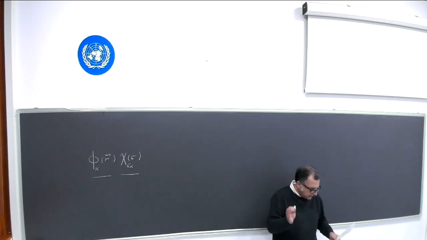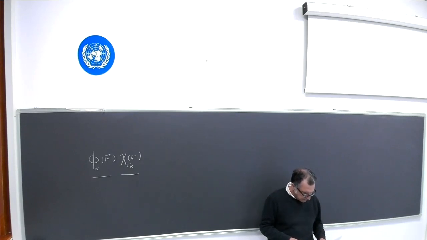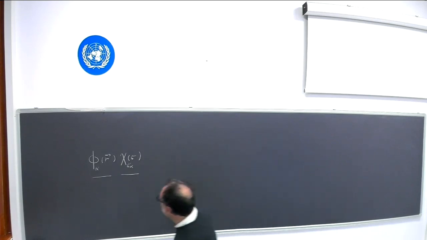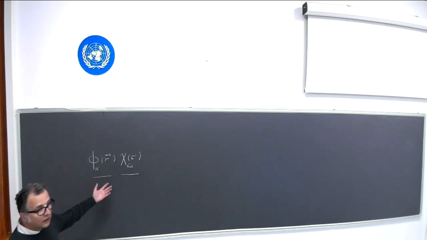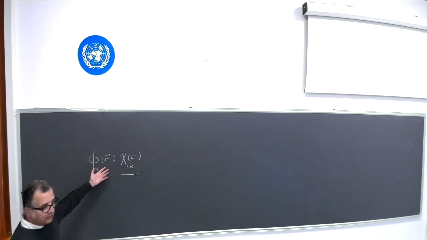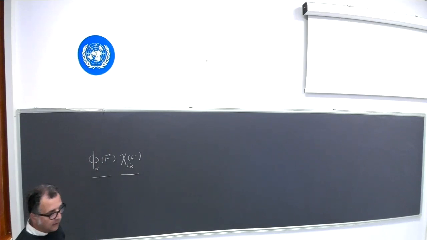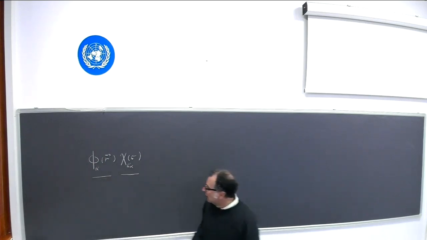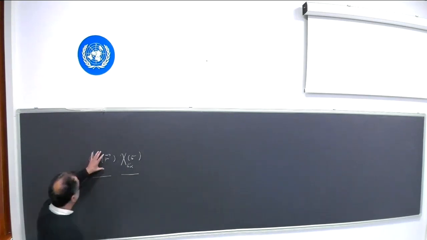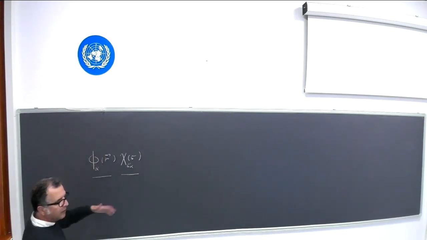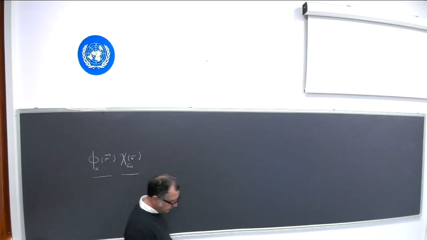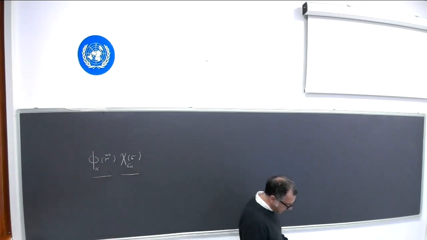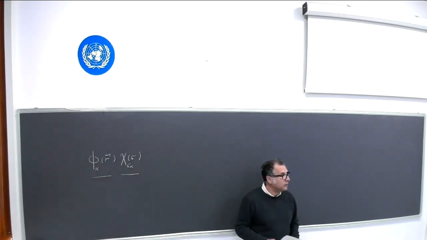But in general, you may have whatever you want. If you have hydrogen wave function, this will be the solution of the Schrödinger equation of the hydrogen atom, and this alpha will contain the corresponding quantum numbers.